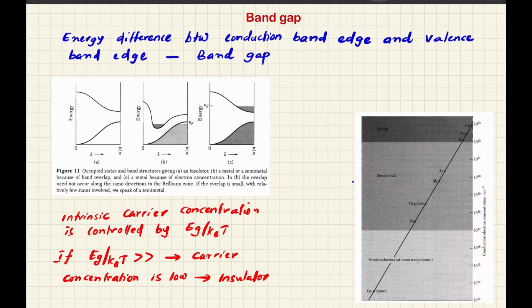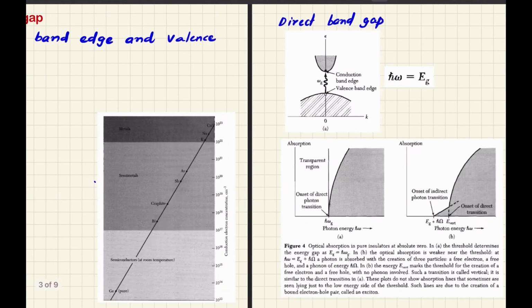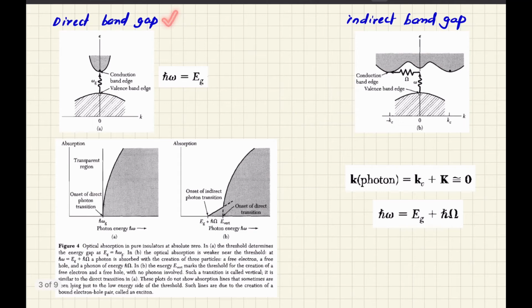Now there are different kinds of band gaps in the material, mainly two types: the direct band gap materials and the indirect band gap materials. We are first talking about the insulators which have a direct band gap.